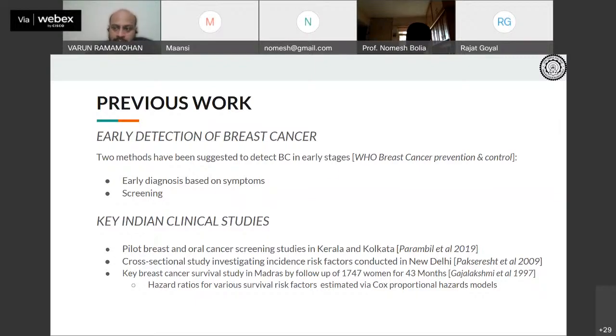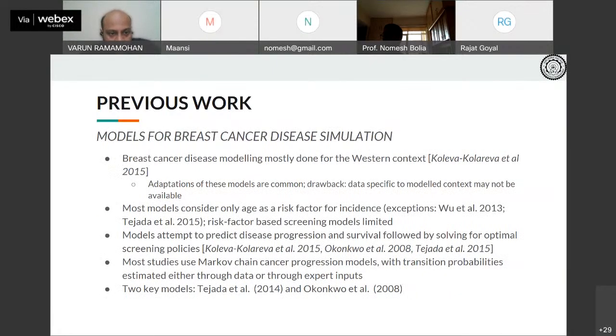If tomorrow somebody comes up with a better screening or diagnosis technique, but it is significantly more expensive than the existing diagnosis technique, the question then becomes: is it worth paying for? And this is a decision that is made routinely when deciding whether to reimburse health programs or not, right? So this is the overall context that I want to establish before we actually talk about the model itself.